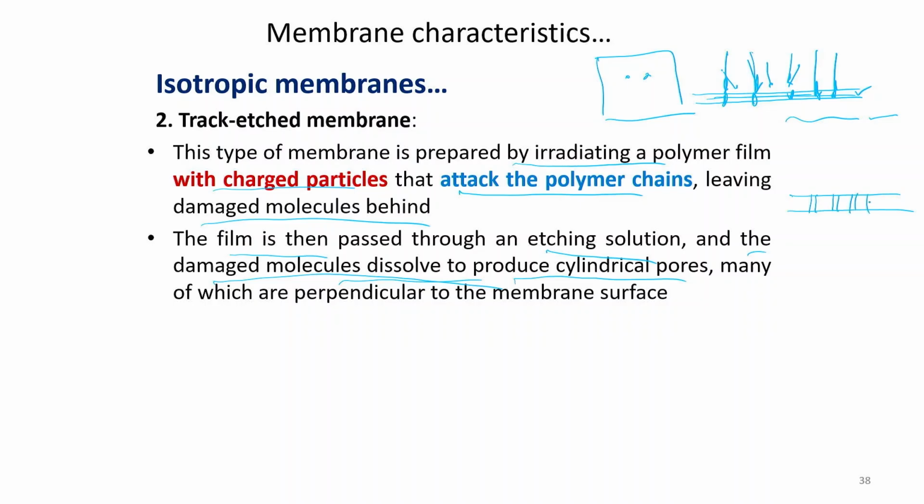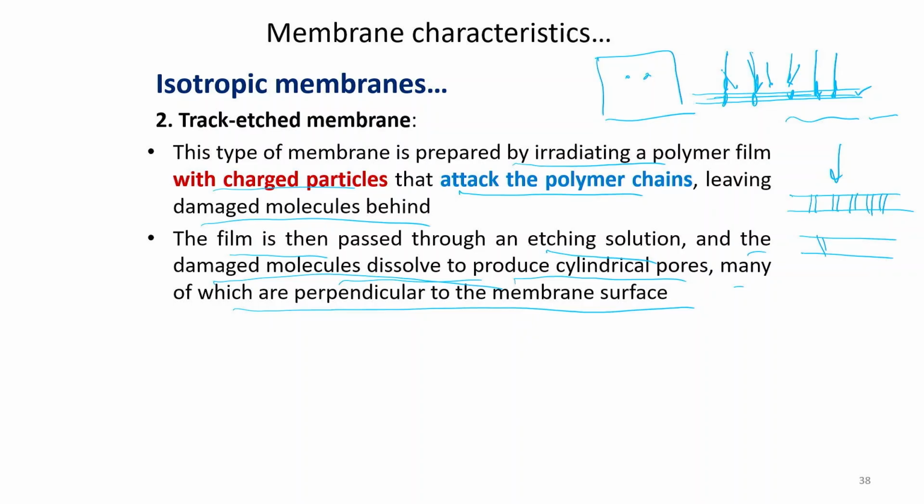Effectively, we may find this type of pores if the charged particle comes in a vertical direction, or we can create them at any different angle. Many of which are perpendicular to the membrane surface. So, most of them are perpendicular. But here we can create an isotropic membrane.